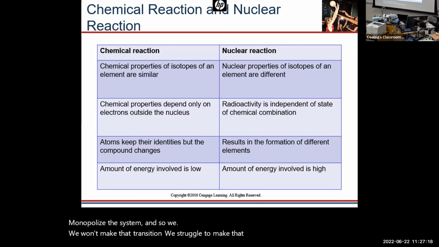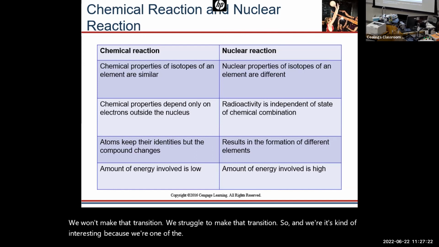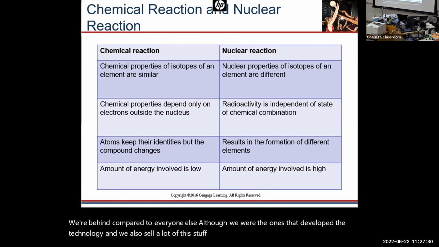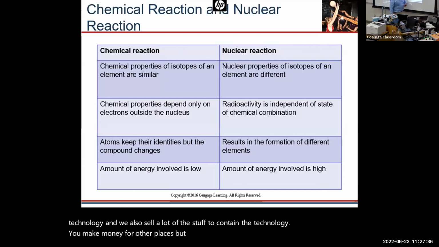So it's kind of interesting because we're behind compared to the others, although we were the ones that developed the technology, and we also sell a lot of the technology. We make money for other places, but we're hurting ourselves because we pay so much money for energy.